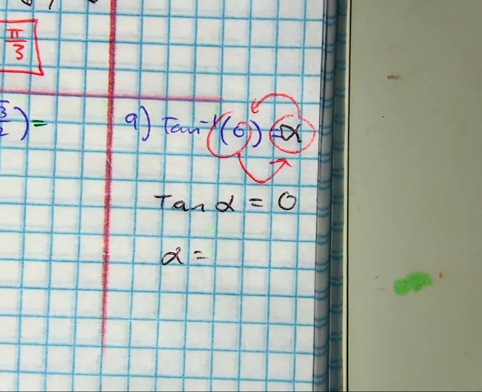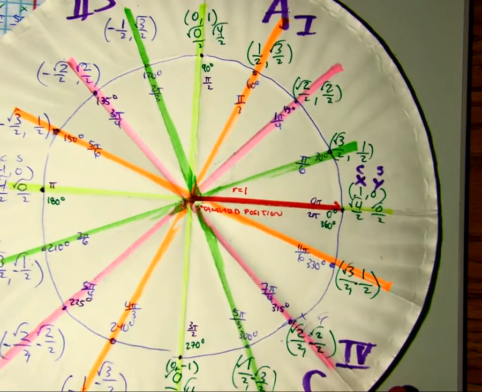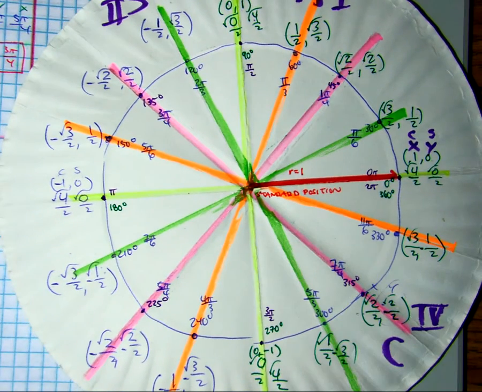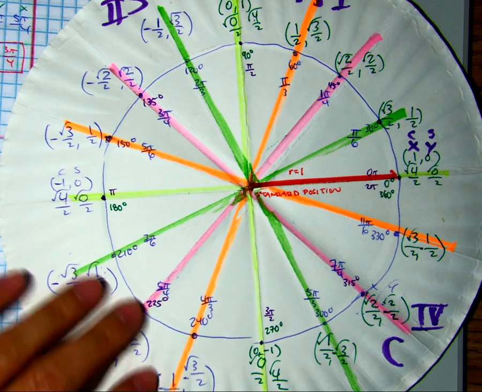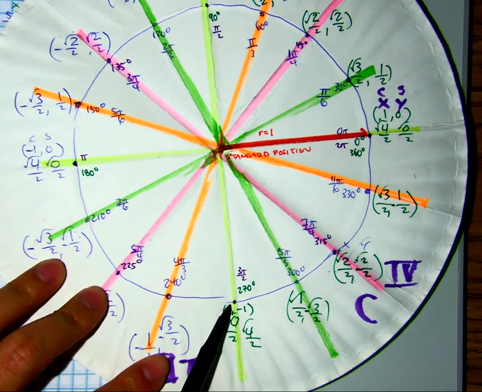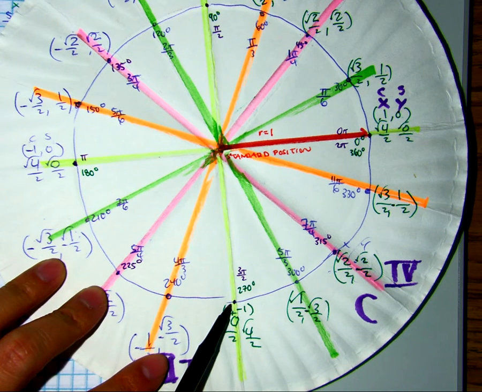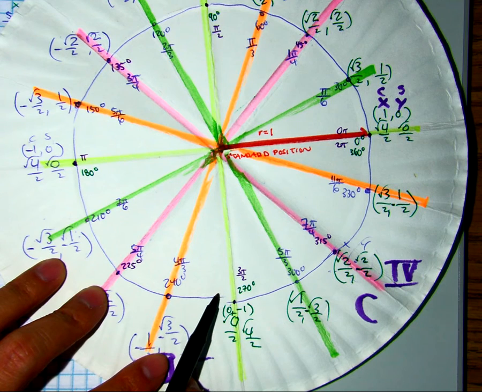Carolina, where is tangent 0? Three pi over 2. And pi over 2. Okay, Carolina, I have a question for you. Tangent is which 2 letters?